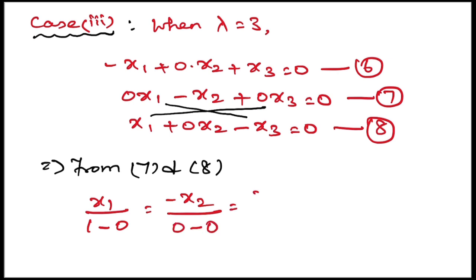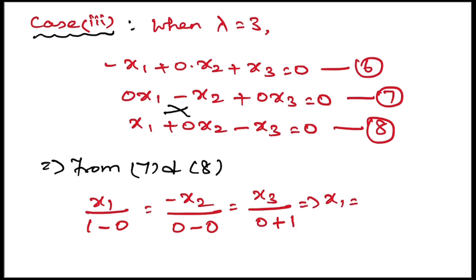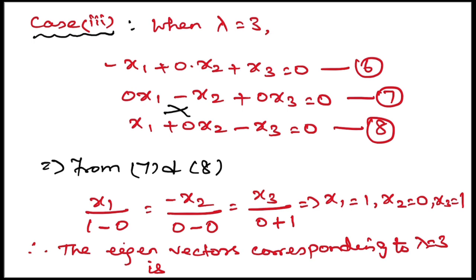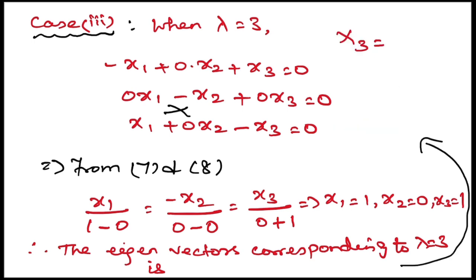So that is equal to x3 by 0 minus, there is already a minus, so it becomes plus 1. x1 is equal to 1, x2 is equal to 0 and x3 is equal to 1. So therefore the eigenvector corresponding to lambda is equal to 3 is x3 is equal to 1, 0, 1. So the 3 eigenvalues and 3 eigenvectors are found, hence the solution of this problem.